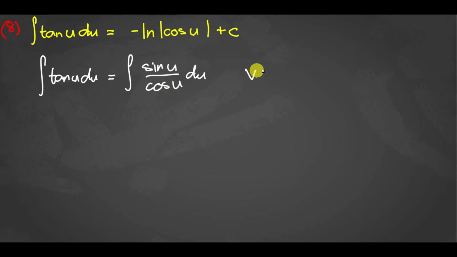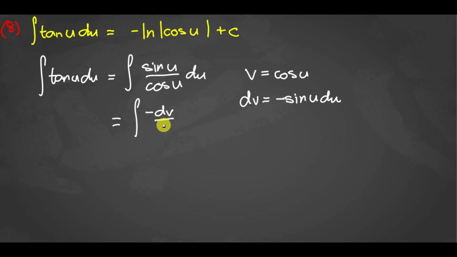And if we let v be equivalent to cosine u, the derivative of this one is dv equals negative sine u du. Then substituting our newly assigned variables, in this case negative dv all over v, there will be a negative constant here, so negative 1.